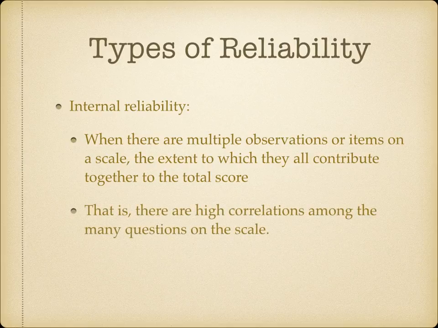We expect to see, therefore, high correlations amongst the many items on the scale. The first question that's asked and the 5th question and the 9th question and the 80th question, if you have that many, all are correlated well with each other and therefore helping the scale to get a sharper, more refined measure ultimately of the construct that's being measured.